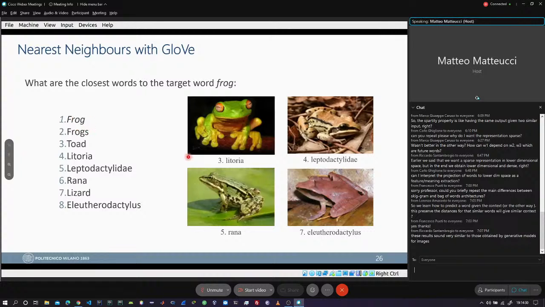So, for instance, I didn't know that Eleutherodactylus is a frog, but being around all these terms, probably it is a frog. Okay, sorry for having rushed at the end, but I wanted to give you an overall view of word embedding, because it's a very, very important technique.